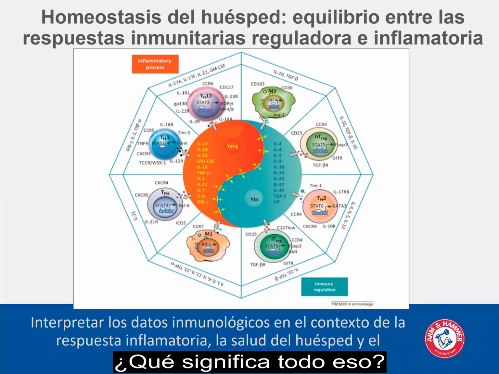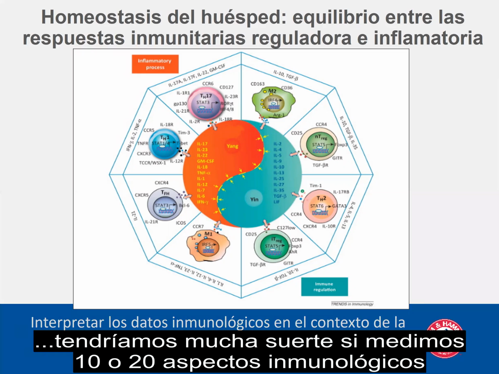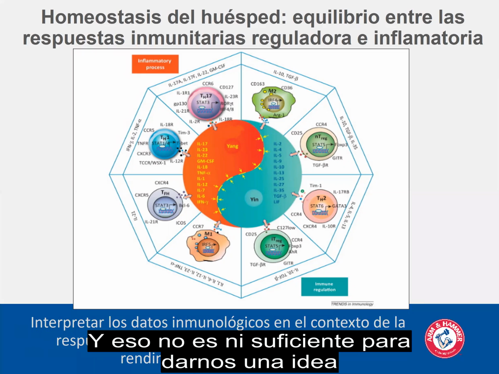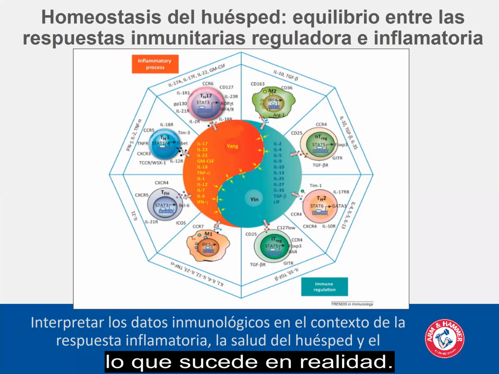What does that really all mean? We're lucky if we can get 10 to 20 aspects of the immune response measured in one experiment. And that really isn't even enough to give us more than a little bit more of a picture of that square of the whole picture.